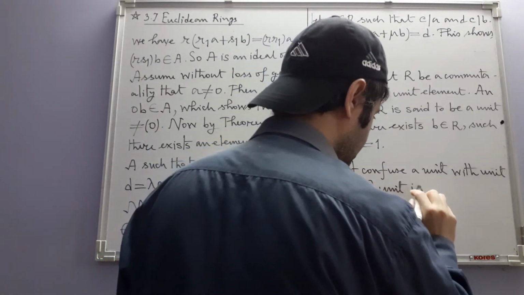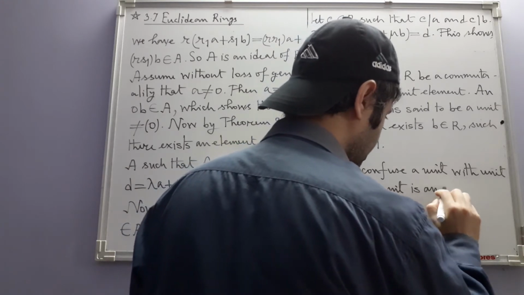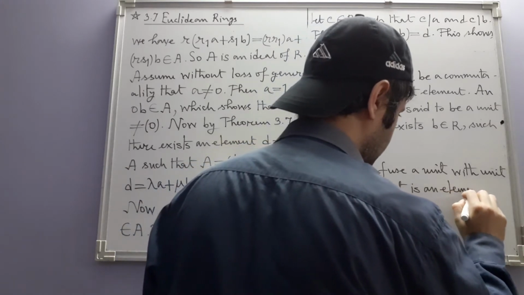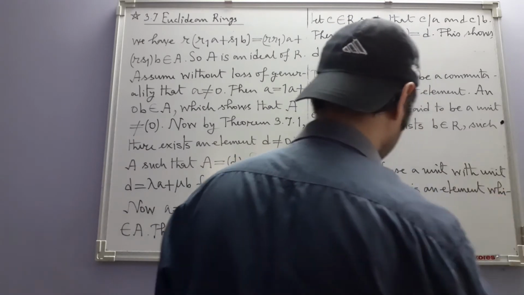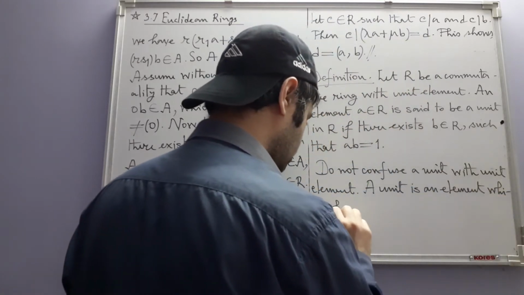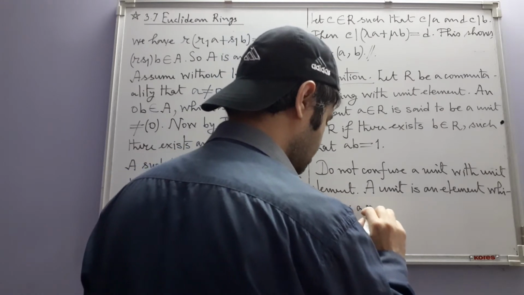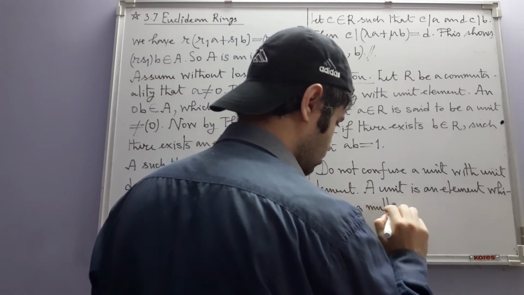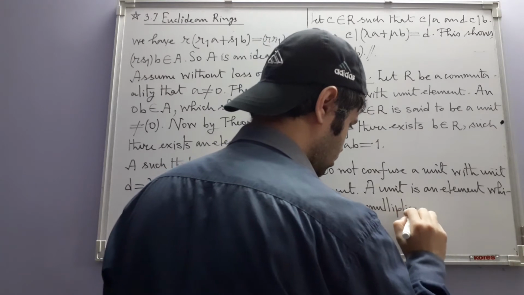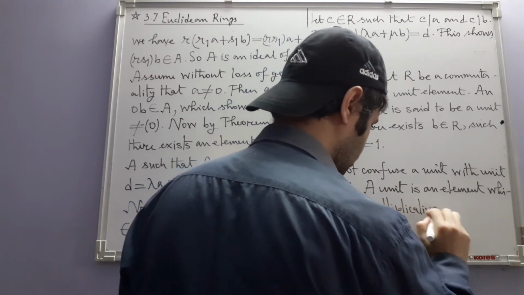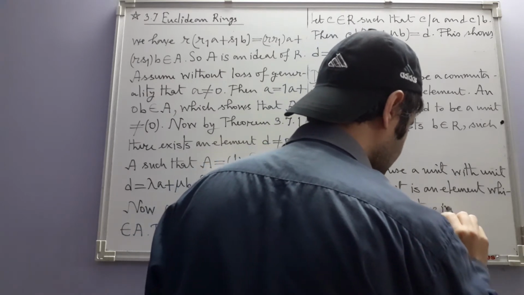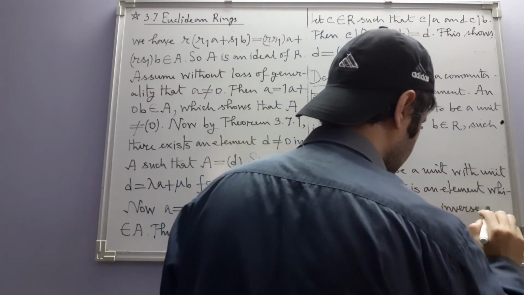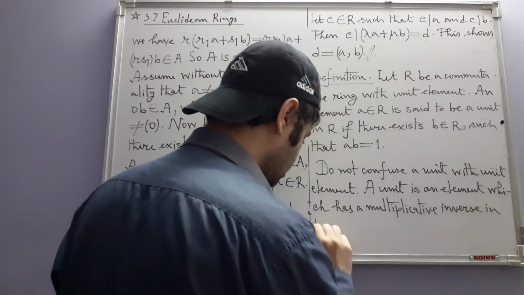A unit is an element which has a multiplicative inverse in the ring.